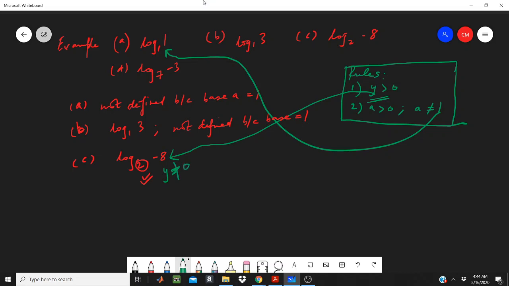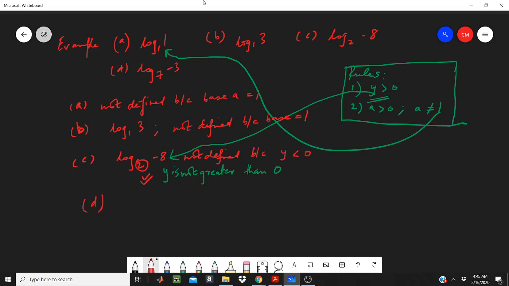It's less than 0. It's minus 8. So this is not defined because y is less than 0.